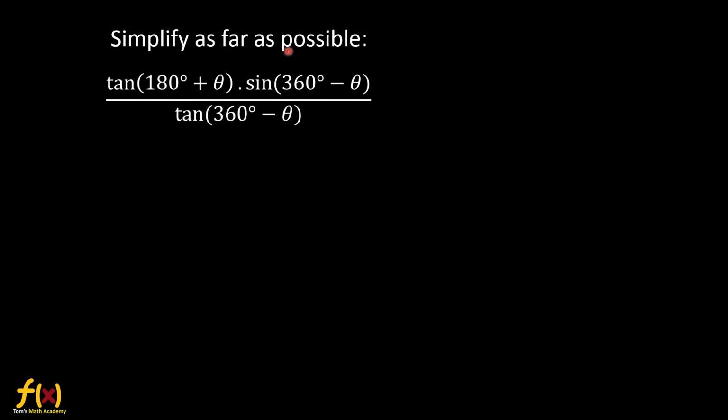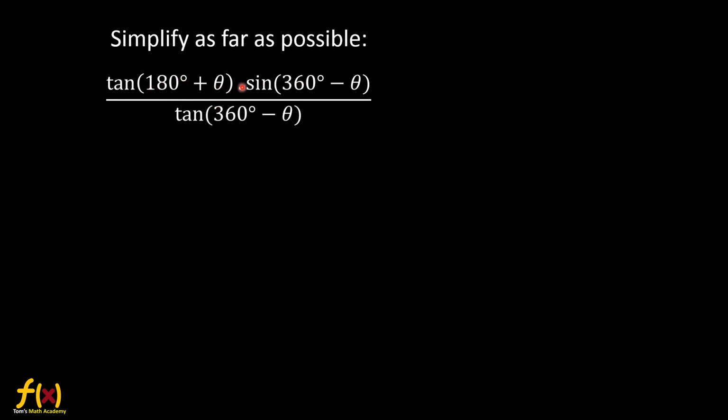Simplify as far as possible, or simplify to a single acute angle, or simplify into a trigonometric ratio of theta. These are the questions. Tan of (180 plus theta) times sine of (360 minus theta) divided by tan of (360 minus theta). So we have three terms here.